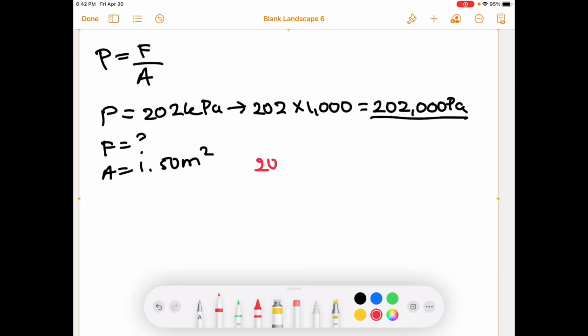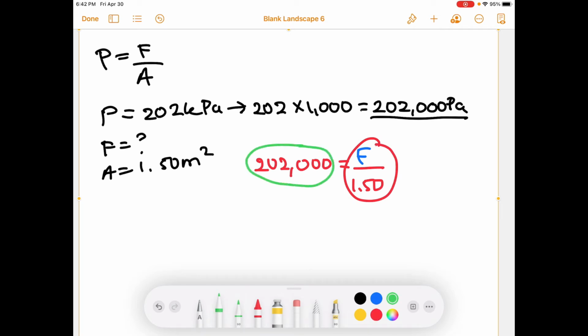Pressure, we're going to put 202,000 equals, we don't know what force is. We know what area is, 1.5 meters squared. So if we are dividing on this side, we have to multiply on this side, right? So we do 202,000 times 1.50 equals the force.